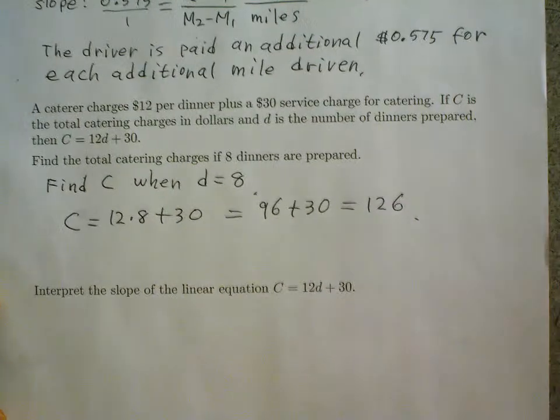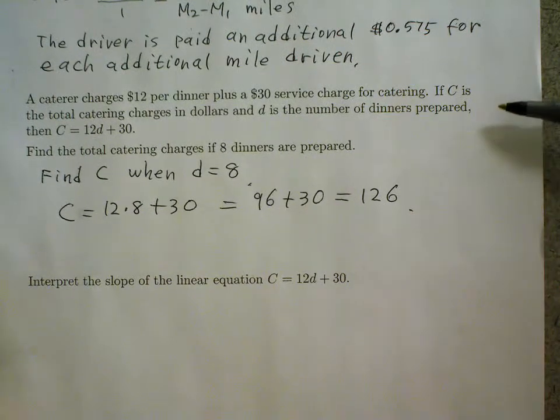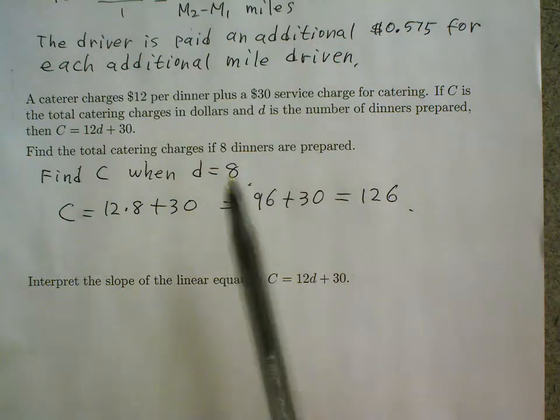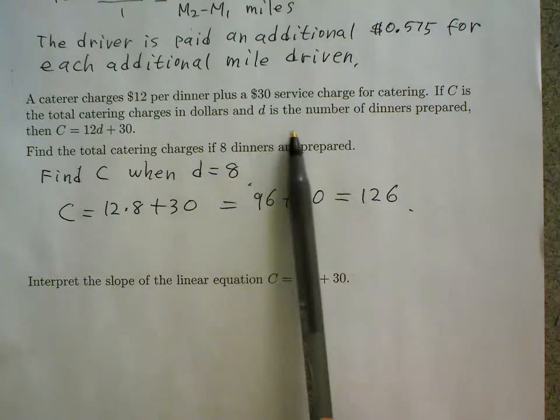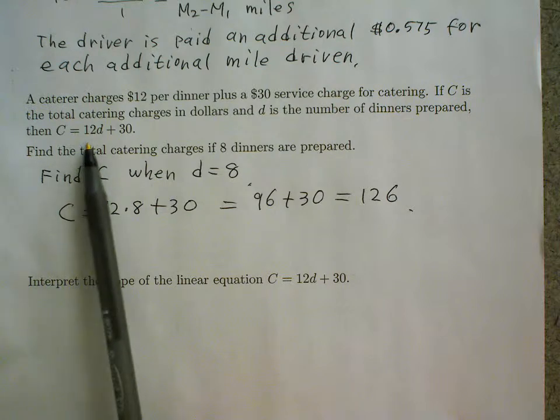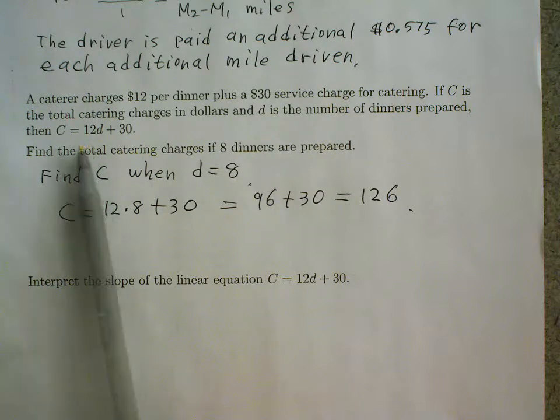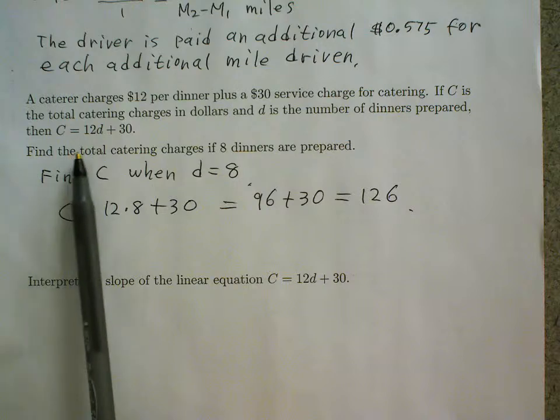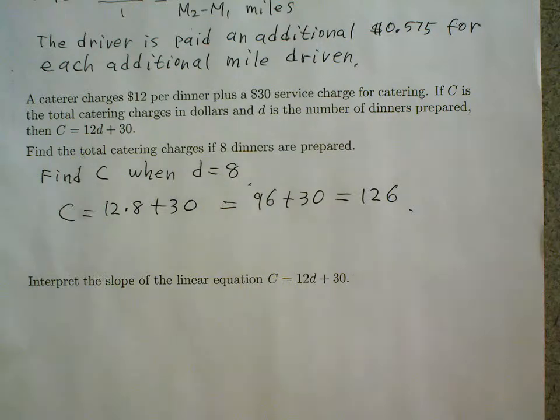So we started this problem. The caterer charges $12 per dinner plus a $30 service charge for catering. If capital C is the total catering charges in dollars and D is the number of dinners prepared, then the cost for catering is described by this equation, C equals 12 times D plus 30.